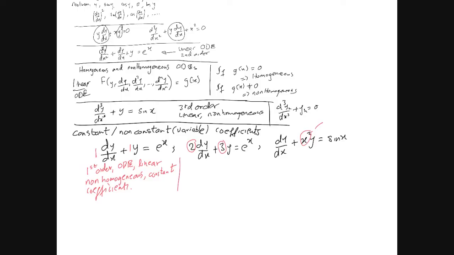This one, on the other hand, is again first order. So they're all first order, actually. So this is first order, non-homogeneous, and it's also got constant coefficients. So I'm just going to say constant coefficients. And this one has variable coefficients.